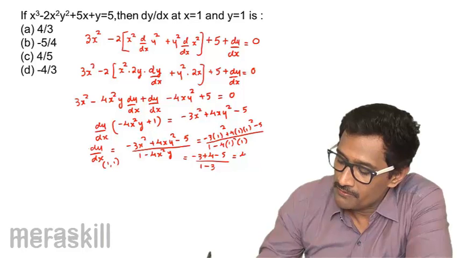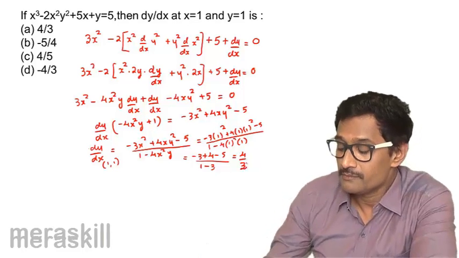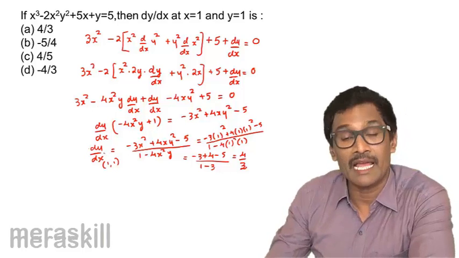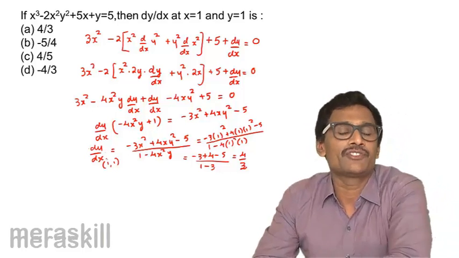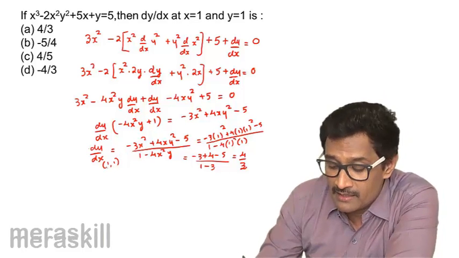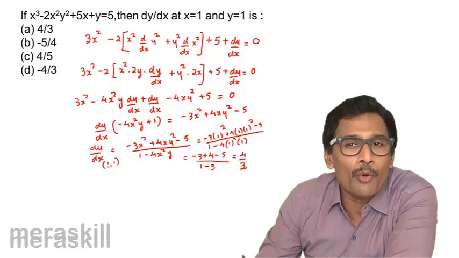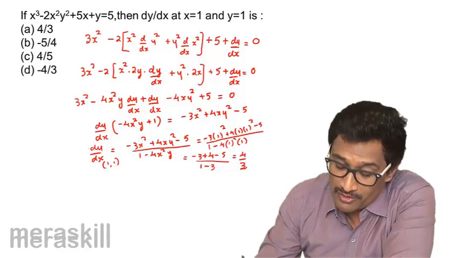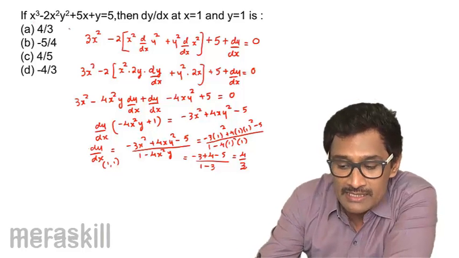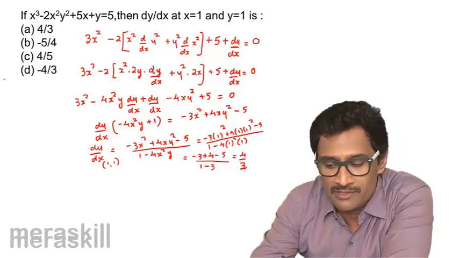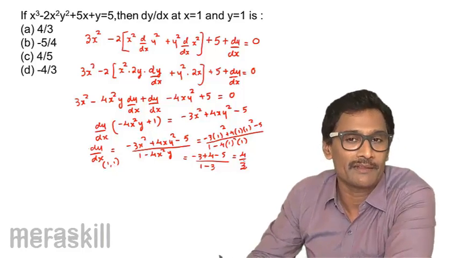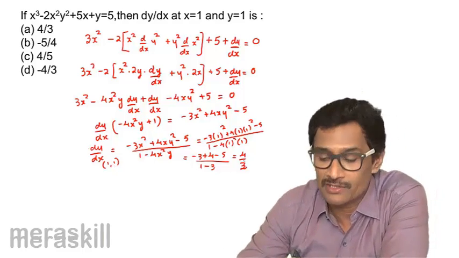It turns out to be 4 upon 3. So ultimately you have found dy by dx, which in general is the slope of a tangent, but it's not valid unless you specify the point at which it is the slope. So here you specify the point whose coordinates are 1 comma 1. So for this curve, if you draw a tangent at this particular point, its slope is bound to be 4 by 3. So understand the implications of this.